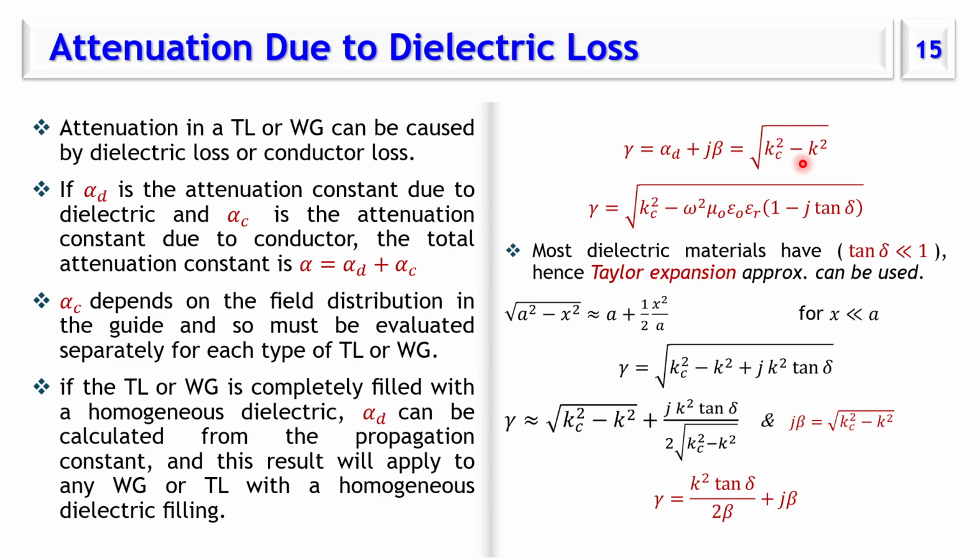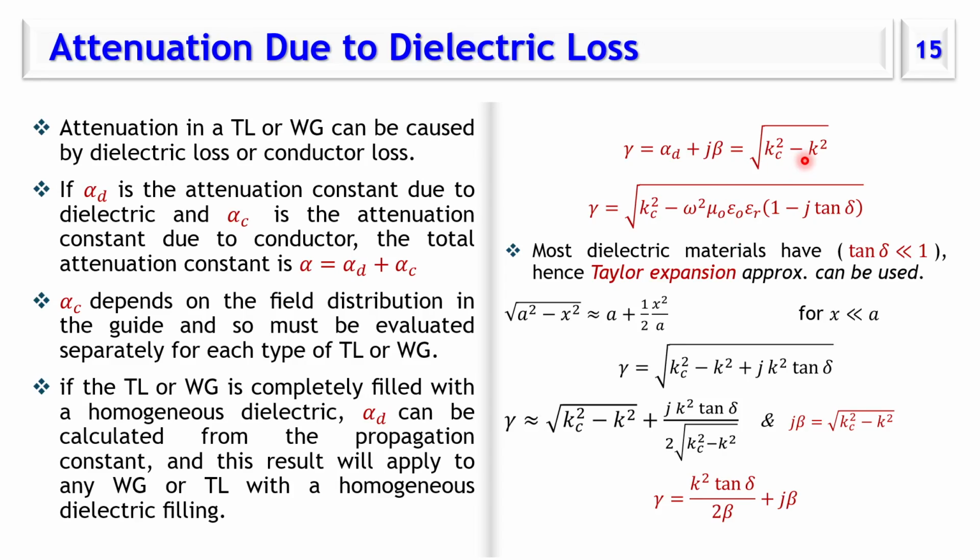If we put the expression for k, which is omega square root of mu epsilon, in this case epsilon for a lossy material has this expression here, and tan delta, which is the loss tangent, for most of the dielectric materials used is much less than unity, so we can just use Taylor expansion to solve the problem.